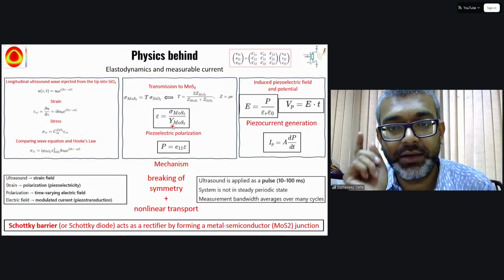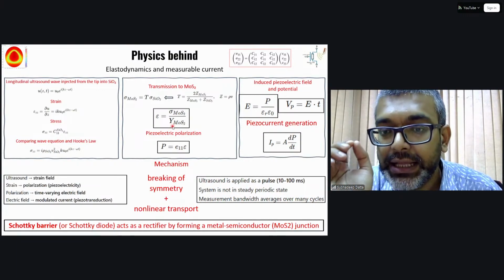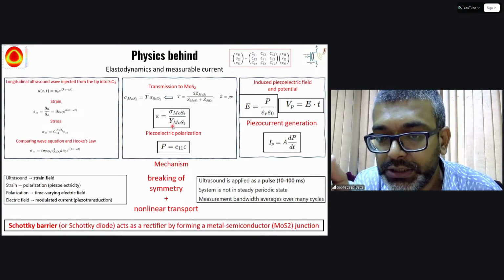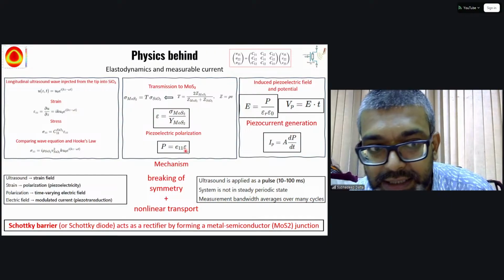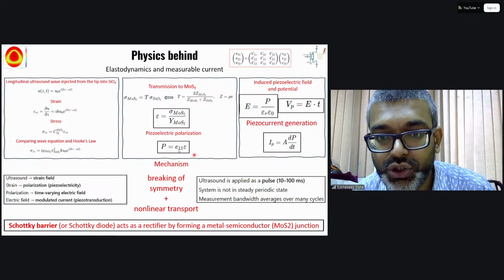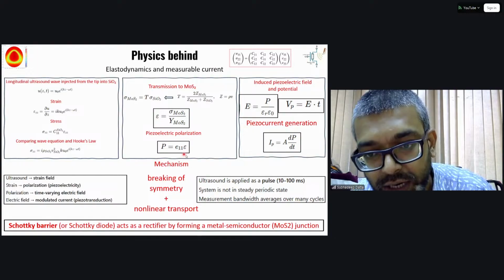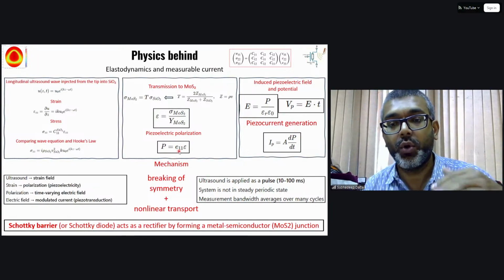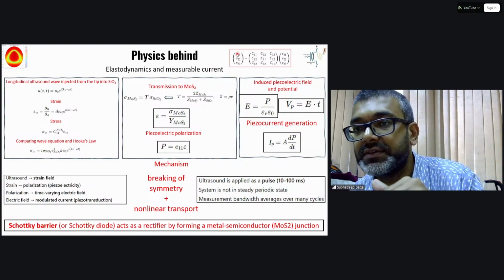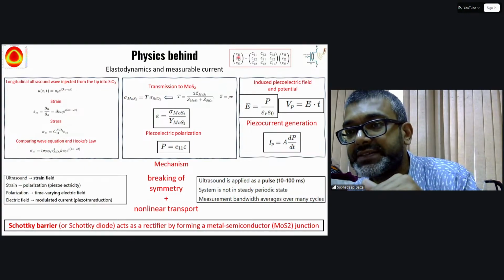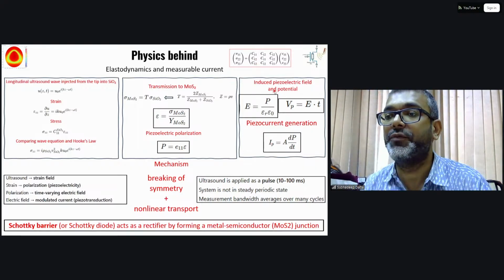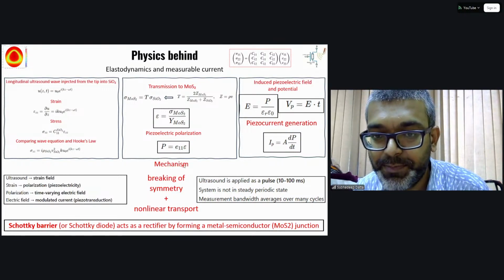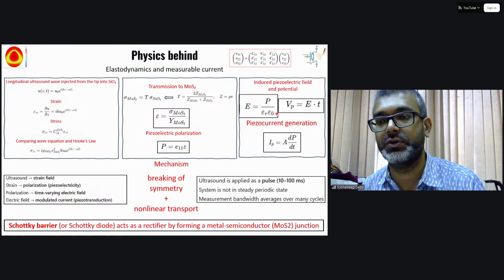Now piezoelectric polarization, we know that the e11 component of the strain into epsilon, which is strain. So P is e11 into E. We are only considering this sigma and epsilon, stress and strain. So this is the elastic tensor. So the induced piezoelectric field and potential would be this P by epsilon r epsilon 0.